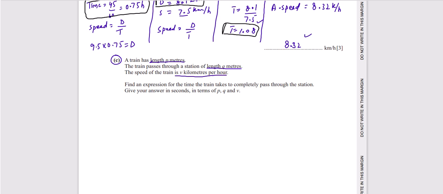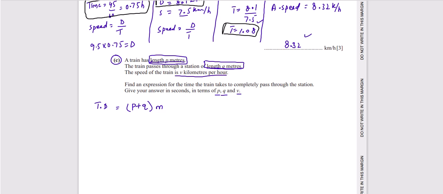Give your answer in second in terms of p, q and v. First of all, we calculate the distance. Here is the length of train and this one is the length of station. So total distance is equal to p plus q, both in meter.